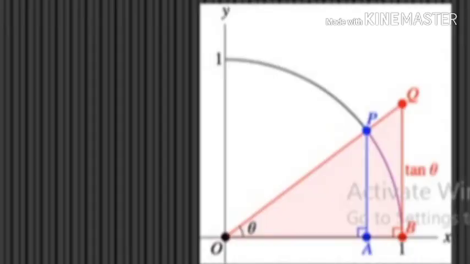And then the second picture, the area of the sector of the circle is equal to the measure of the angle over the full angle times pi r squared. And the last, a right triangle with adjacent length equal to the radius, and the opposite side length equal to tangent theta.